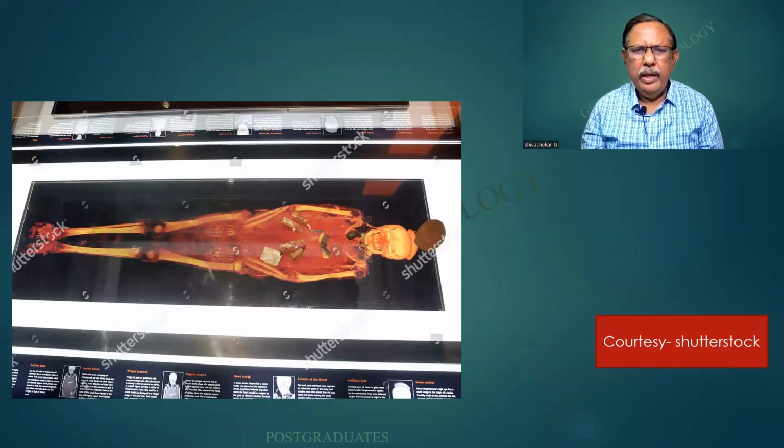See what you are seeing over here. This is the cadaver that has been imaged either by CT or MRI. I am not a radiological person, but see how beautifully it has been displayed. We can touch it, we can operate it from outside.